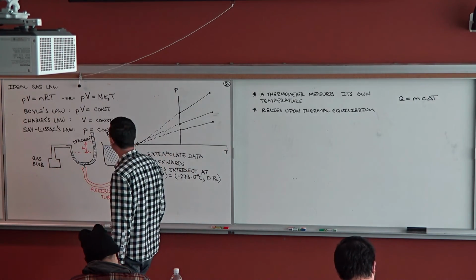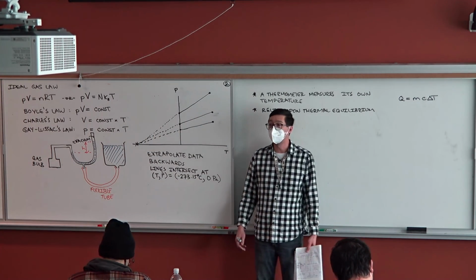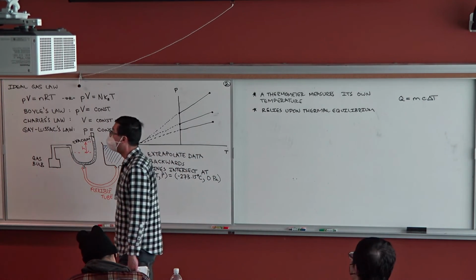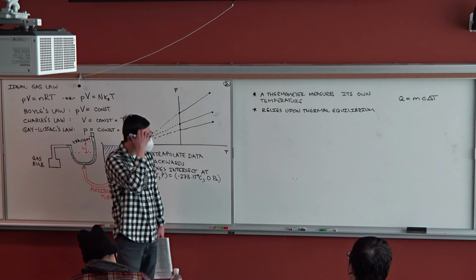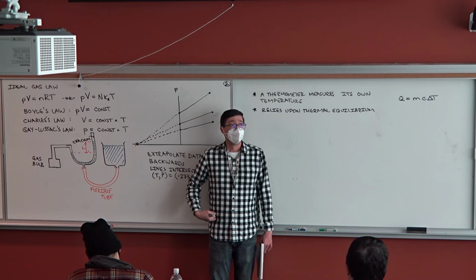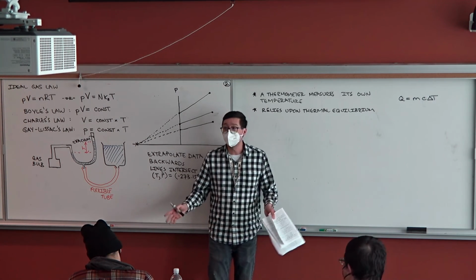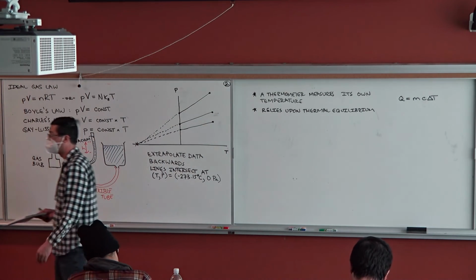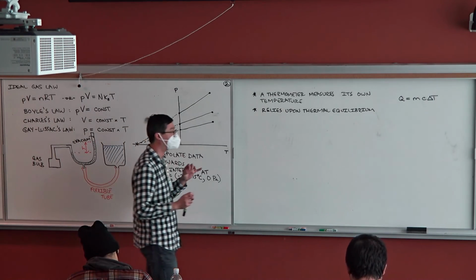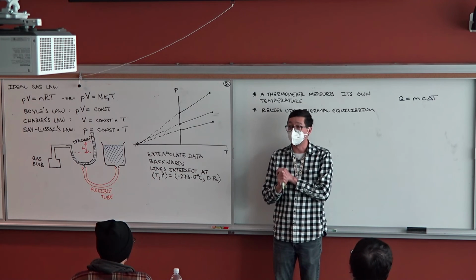With our working definition that temperature is a measure of the average translational kinetic energy per particle in a given sample, I'd like to expand on this a little, if I can, just for a second, and try and differentiate what I mean by average translational kinetic energy.